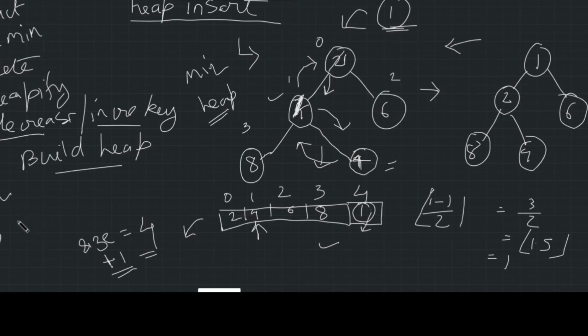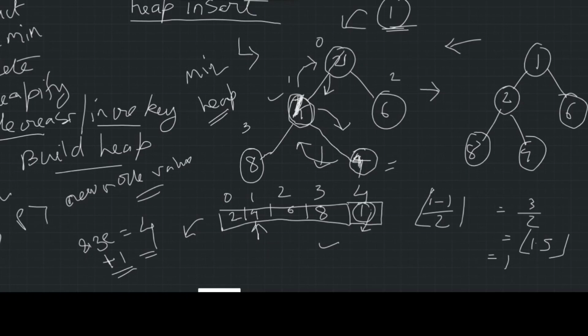So on comparing, if the parent value is greater than the new node value, then we need to swap the values. Why do we need to swap the values? So that the node having the minimum value will be on the top. So 4 will come over here and 1 will come over here.